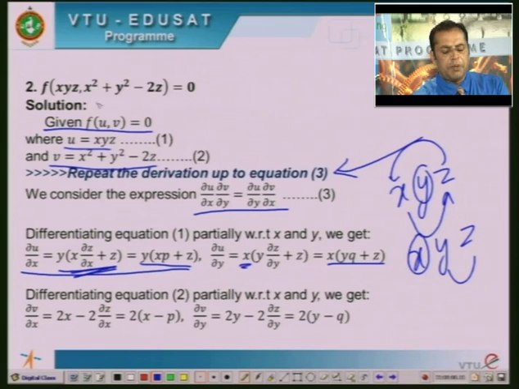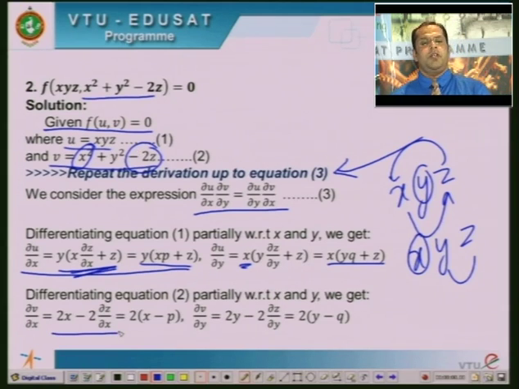Now, differentiating the expression v partially with respect to x and y respectively, first x square is 2x, y square is 0, minus 2z changes to minus 2 dou z by dou x, or when you take 2 common, it is 2 times (x minus p). Similarly, dou v by dou y is equal to 2y minus 2 dou z by dou y, which is 2 times (y minus q).